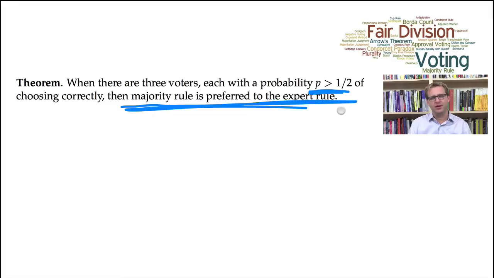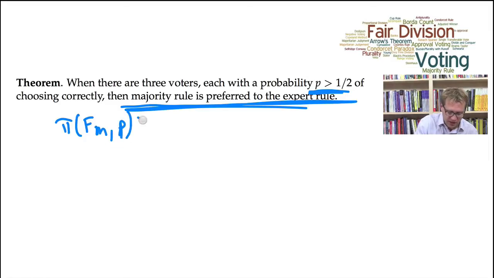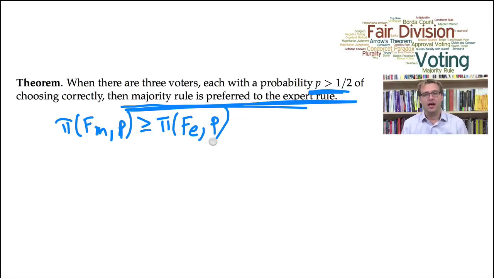So what does that mean? Well, that means that the probability that the majority rule gets the answer correct is going to be greater than or equal to the probability that the expert rule gets the answer correct. And a simple algebraic calculation will verify this result.